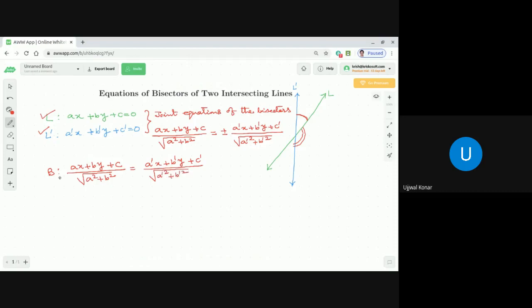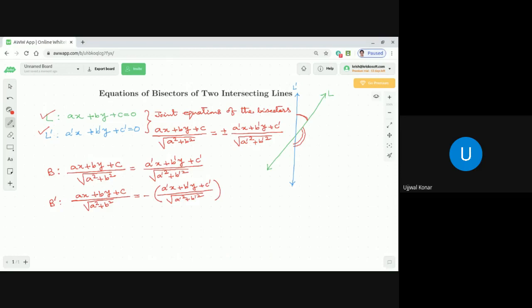This is one bisector, and another bisector we name B dash, and that represents the equation ax plus by plus c divided by square root of a square plus b square is equal to minus of a dash x plus b dash y plus c dash divided by square root of a dash square plus b dash square. So these are the two bisectors.